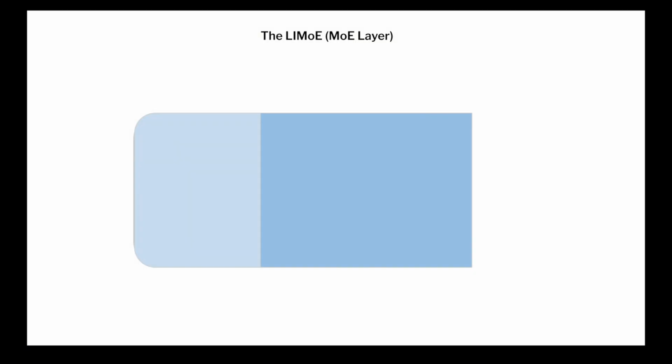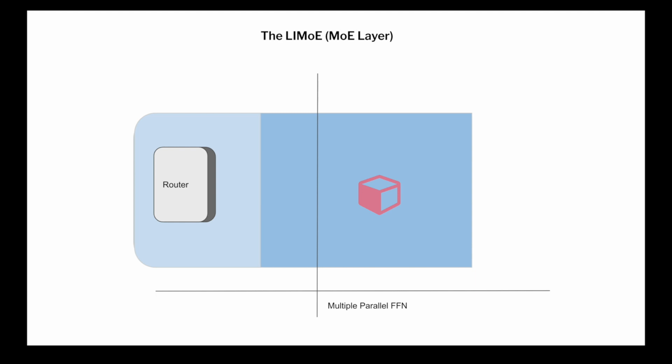The LIMoE model is mainly the composition of MOE layer, or the mixtures of experts layer. Like any other sparse MOE models, it's a composition of two components. First one is the router and the second one is a collection of transformers.